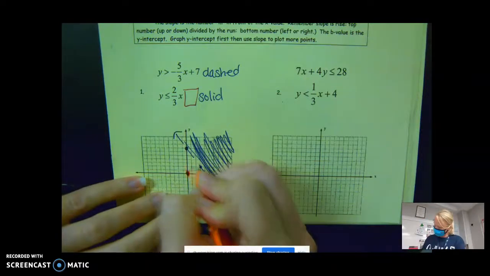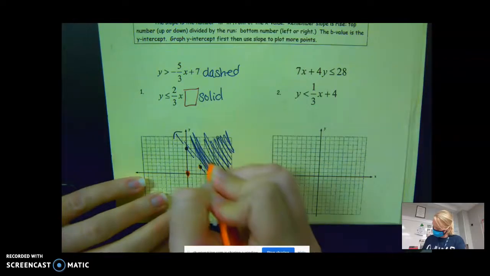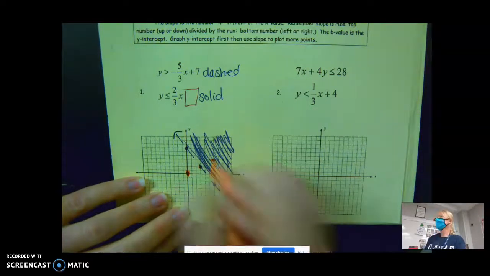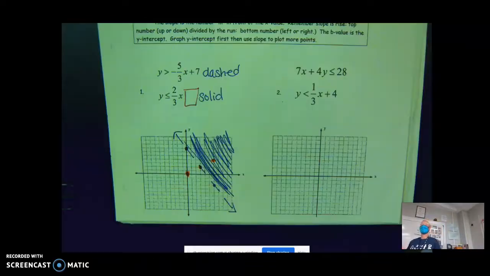Up 2 over 3. Up 2 over 3. Okay. This is if you have a second color. Maybe you took out a color and you have your pencil. Do your shading with the one with a pencil. Do your shading with the second one with a different color. Or maybe you have 2 different colors that you can use. It's a lot easier when you use 2 different things to see where they overlap.